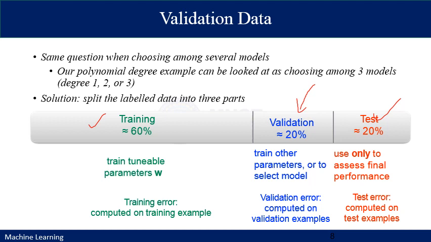Again, the task for the machine learning algorithm is to train on the training examples and tune the parameters with respect to weights on these training examples. The next task is to validate the model on the validation dataset. That means training or fine-tuning the parameters to select the best model among those which performed better on the training set, and then choosing the best which performed on the validation set.